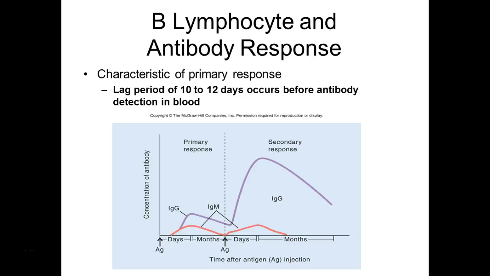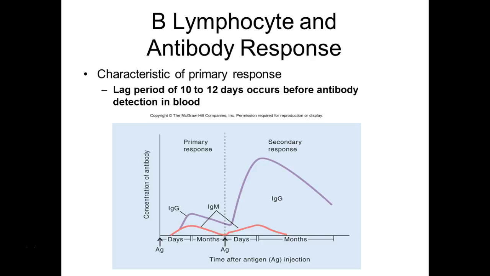So this is looking at antibody response. It says here 10 to 12 days. The pretty regularly accepted average is about 7 to 14 days, though. And this is the time from when you're first exposed to the antigen, the very first time you ever see this specific antigen, and the time it takes for antibodies to be produced could vary between 7 and 14 days.